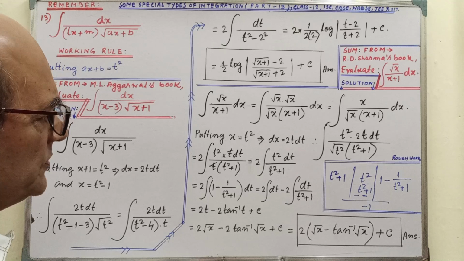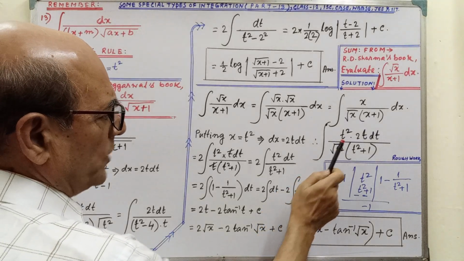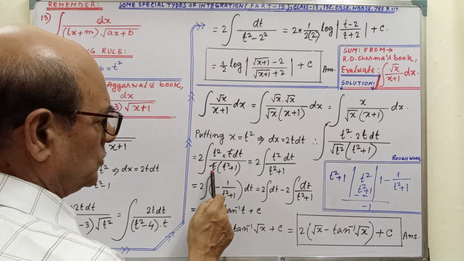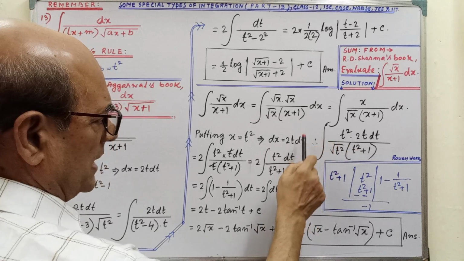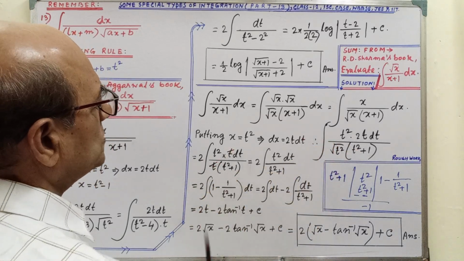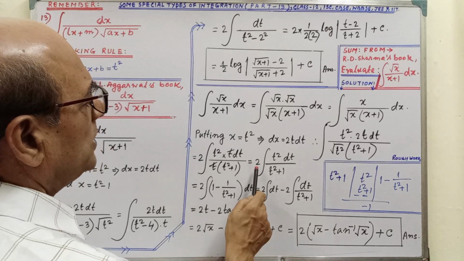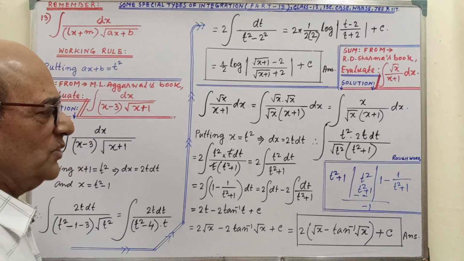Now we have to simplify. Root and square will be eliminated, it will be t, and here is also t, and these two will come outside of the integration. After that this t and this t will be cancelled. What will remain? 2 into t square dt by t square plus 1.